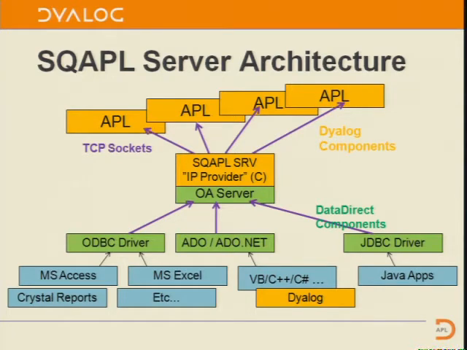So you don't need any difference in the logic on the server side. It all gets translated into the same stuff on the top. All of this comes through, these components here are provided by Data Direct, and they're open access server. And then we've written a component in C, which lives on top of that, which is called the interface provider, IP.